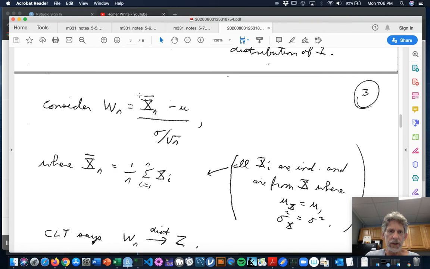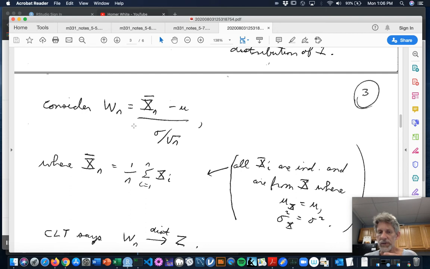Now, I am defining xn bar as the sample mean based on x1, x2 up through xn. It's based on that random sample up through size n. Now we know that it has an expected value of the mean of the underlying random variable, which we'll call mu, and it has a variance equal to the variance of the underlying random variable over n.